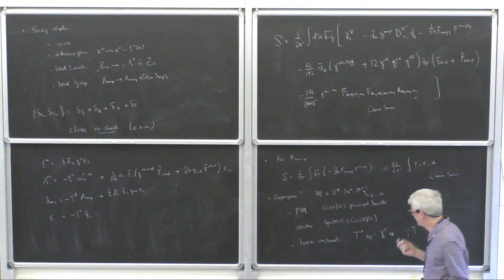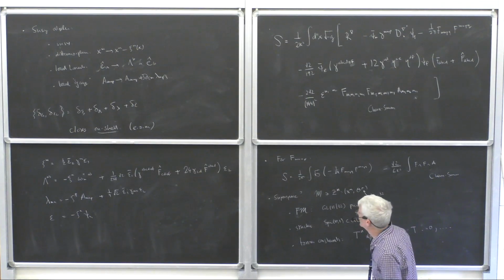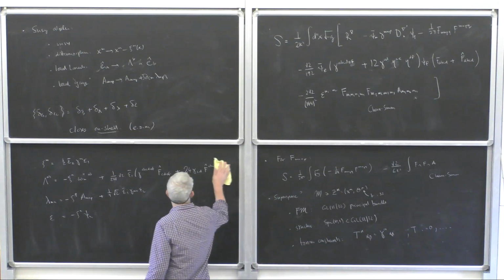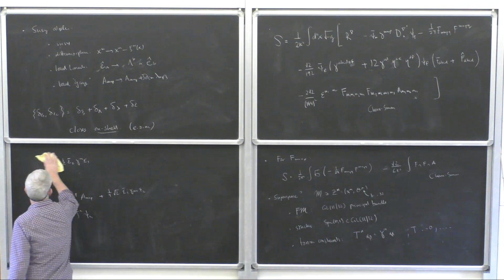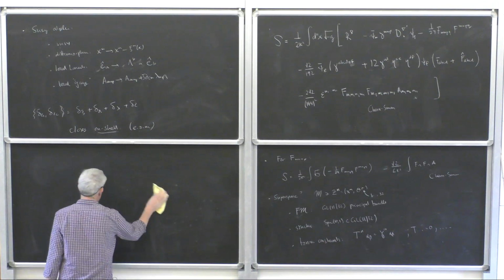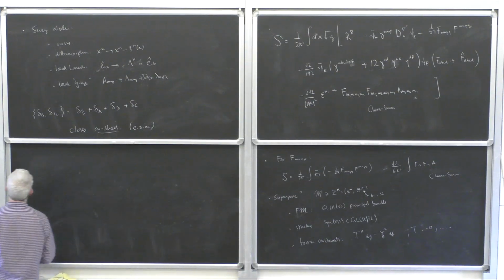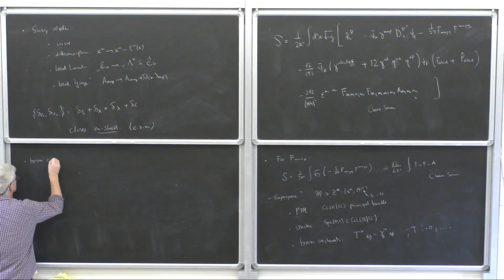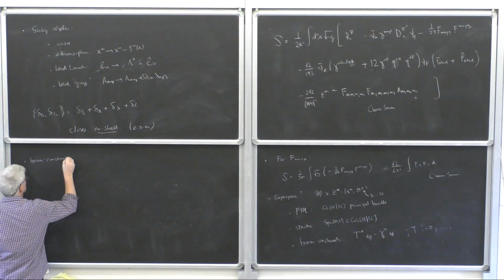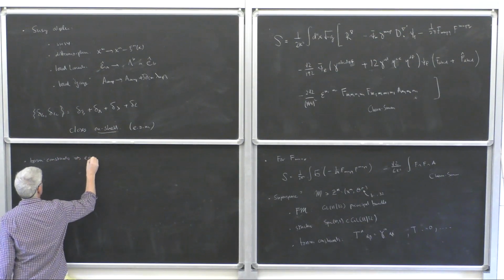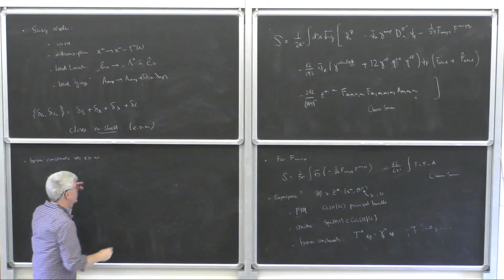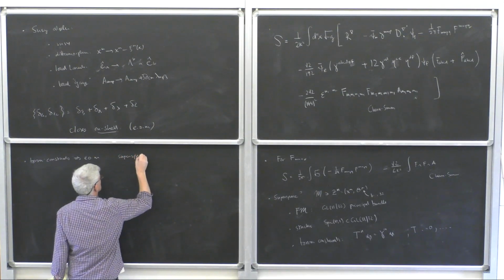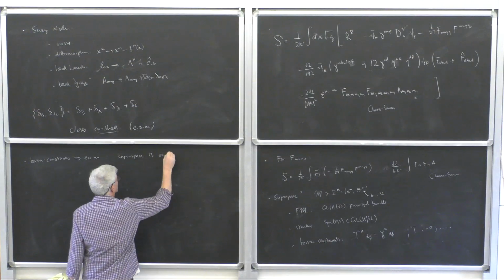So it's very like the other case, but in this case, you find that the torsion constraints imply the equations of motion. So this superspace is on shell.